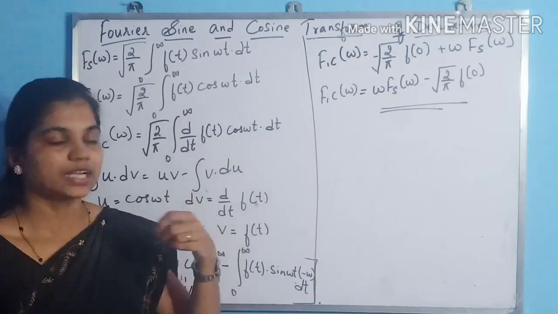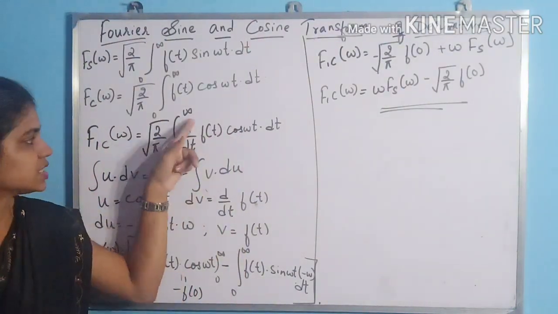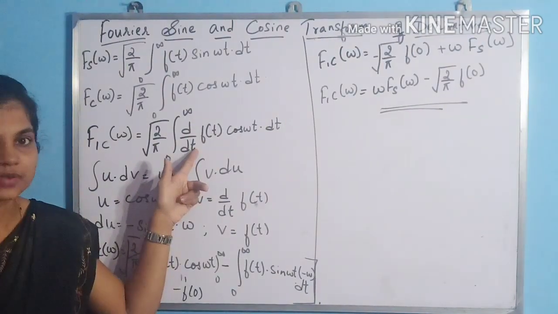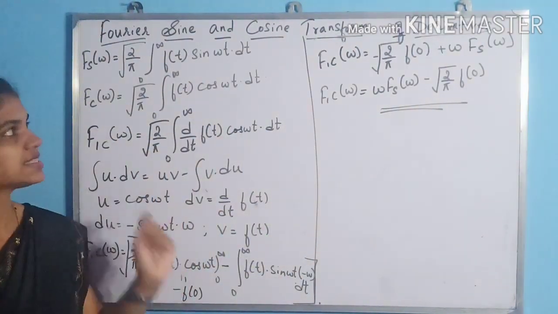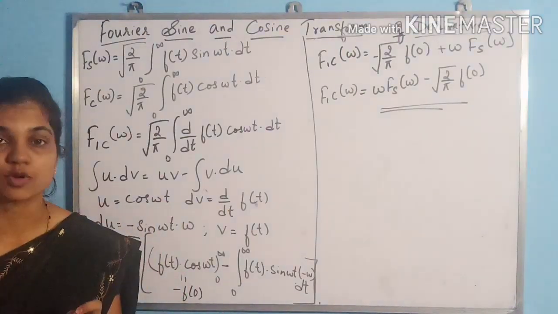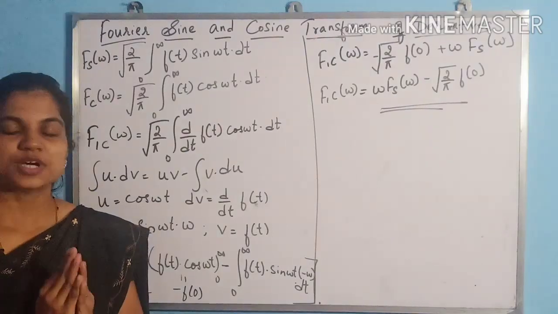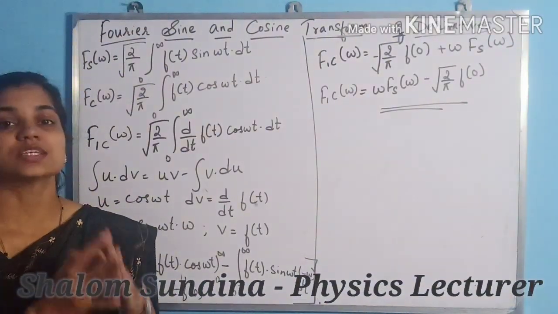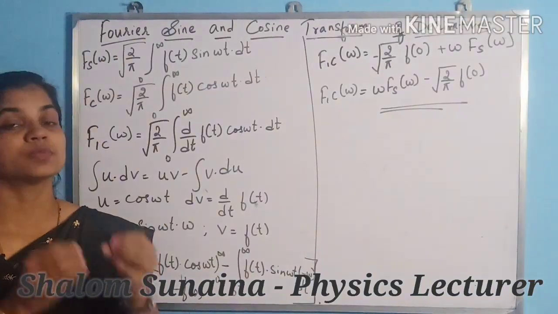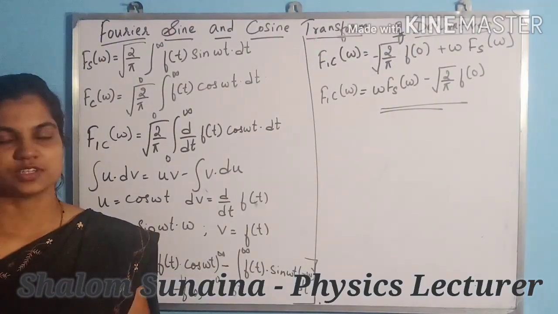Then we have to again differentiate this for the second order, that is d square by dt square, right? So this is the Fourier sine and cosine transform of first derivatives. So I hope the Fourier transform of derivatives, the derivative of Fourier transform, the Fourier sine and cosine transform of derivatives is clear to you all.